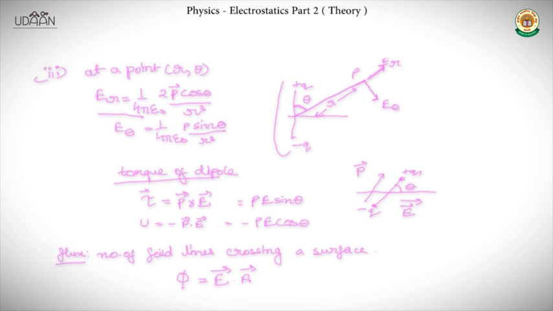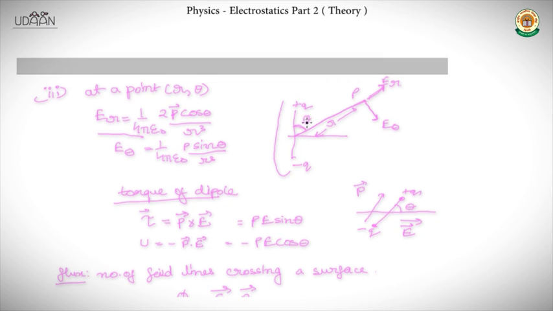But why do we write p cos theta and p sin theta here? For this I have to show you the derivation. Did you resolve the dipole moment in two directions? Exactly. That is how we calculate it. Say, from negative to positive, this is p, and since this is theta, this is p cos theta.